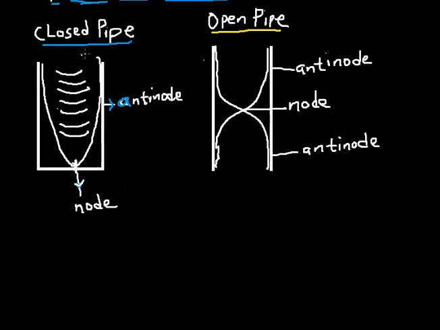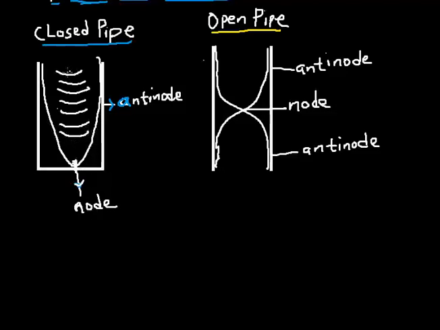So for a closed pipe, the air inside the pipe will generate a stationary wave, and the closed end of that pipe is where we get our node. Remember, the node is always the fixed point, the point where the two waves reflect.